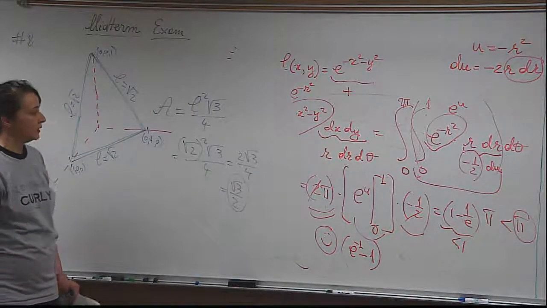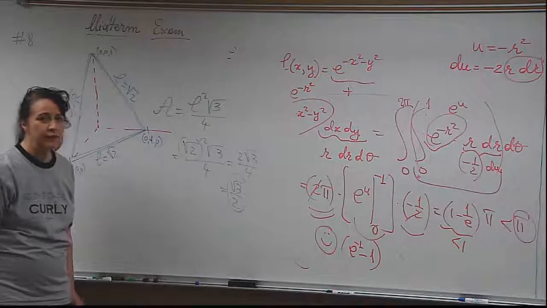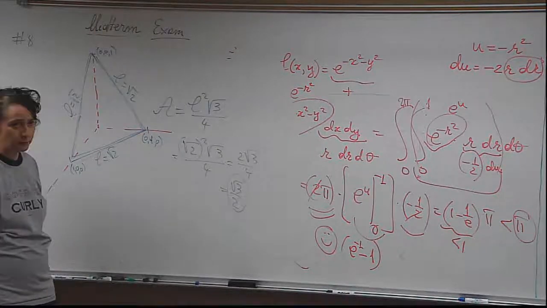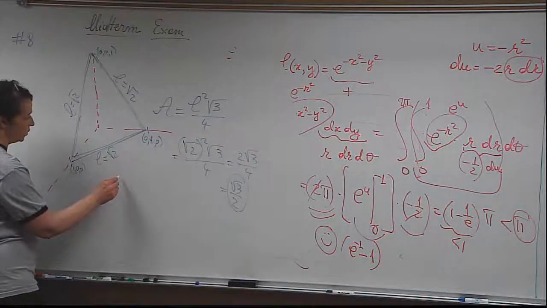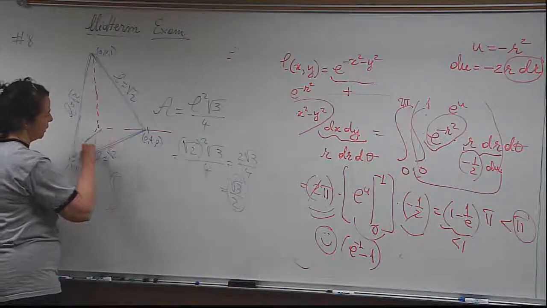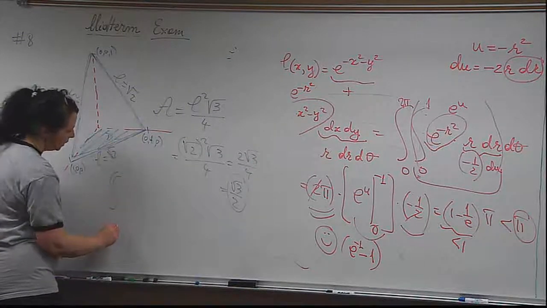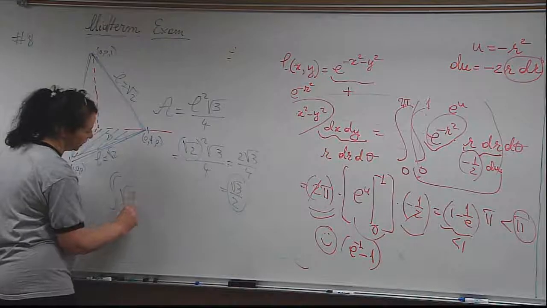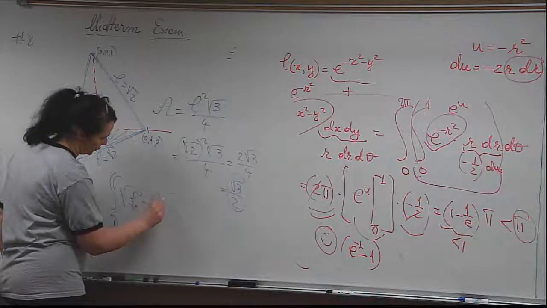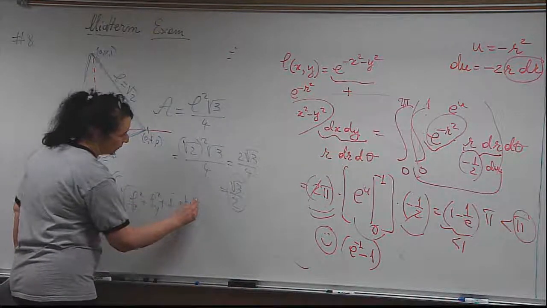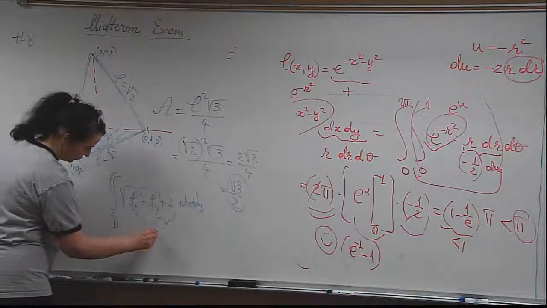All right? Did I expect you to really do the surface integral? Some people attempted to write the integral over the shaded domain D of the square root of f sub x squared plus f sub y squared plus 1 dx dy. That was the right track because this is root 3.